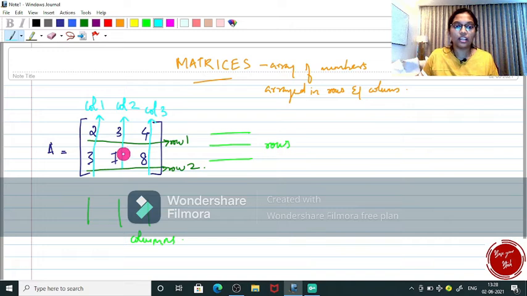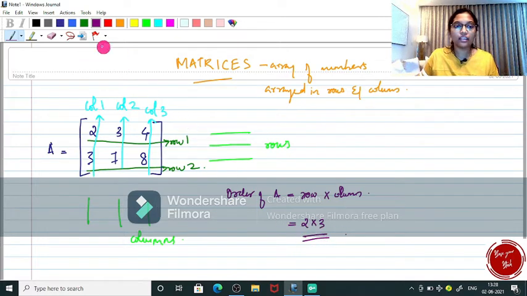And we have another term which is called the order of a matrix A. The order of a matrix is actually row by column. That is, for this particular matrix, the number of rows is 2, so it is 2 by the number of columns, 3. So this is a matrix A which has order 2 by 3.